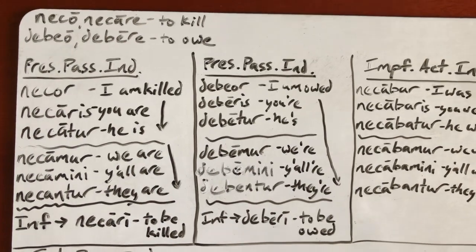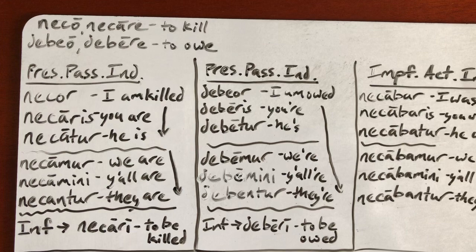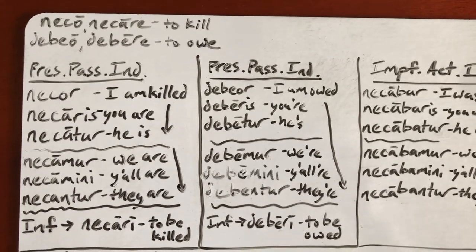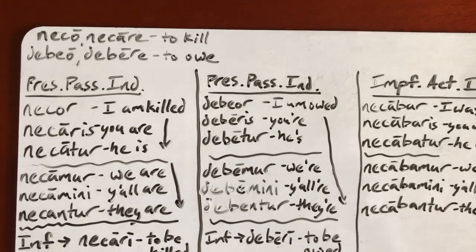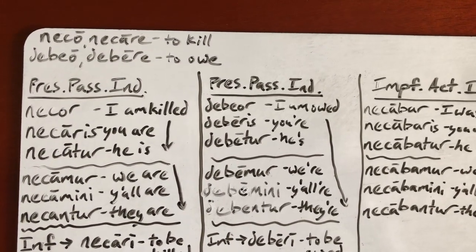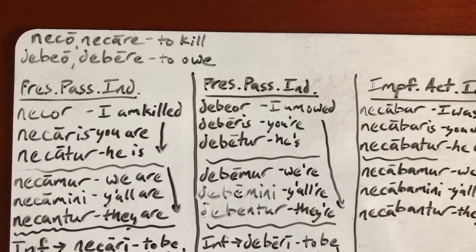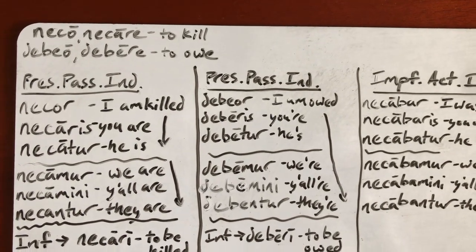Next, you'll have a second conjugation, present passive indicative. The process here is exactly the same as before. Take the first principal part, put your passive ending on. After that, you take the stem, which in this case is debe, D-E-B-E, and you add your ris, ter, mer, mini, and inter.